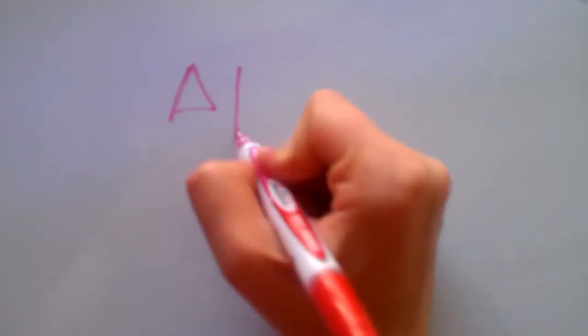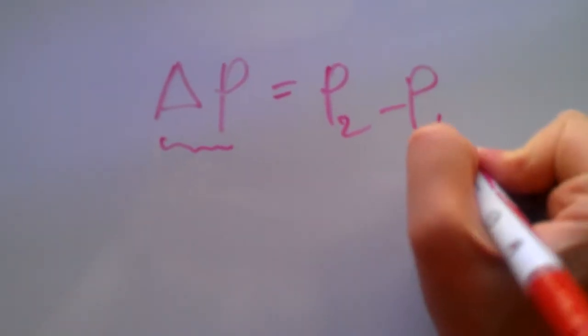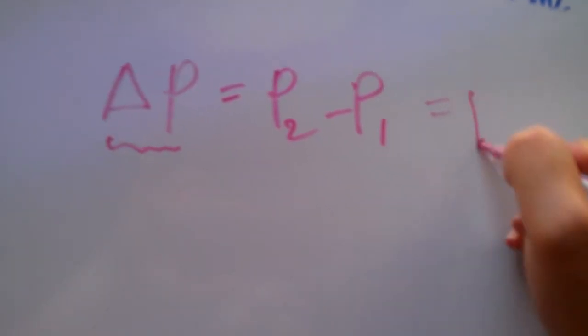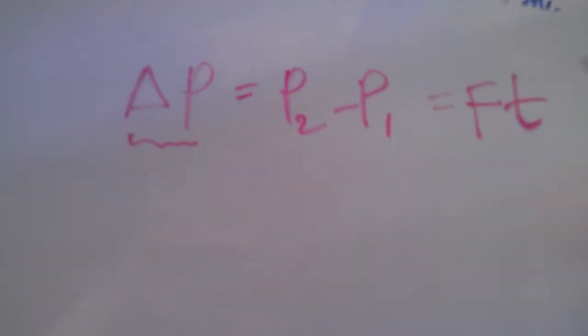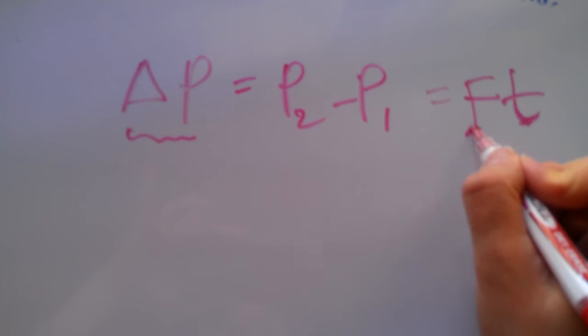There is another type of momentum problem, the impact problem. Impact problems deal with delta P. Delta P is P2 minus P1, which is obviously force times the time during which the force is exerted.